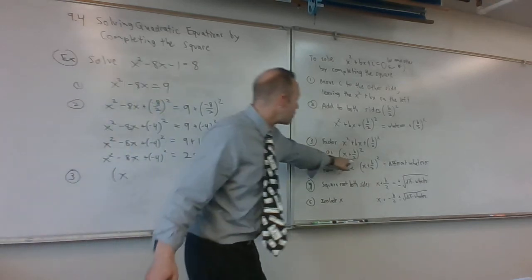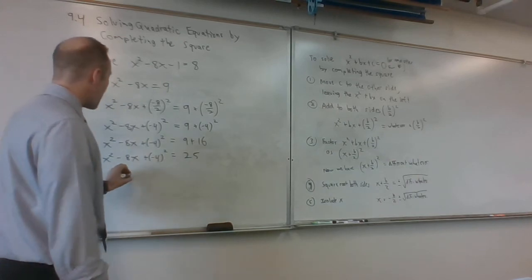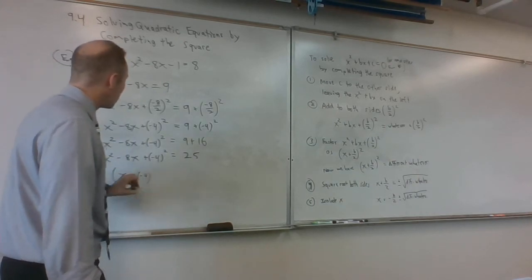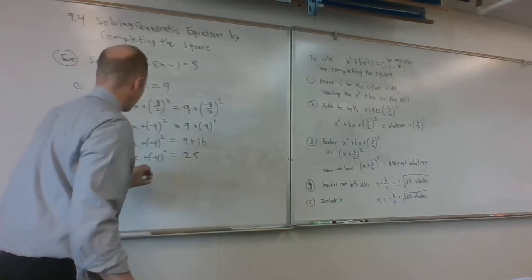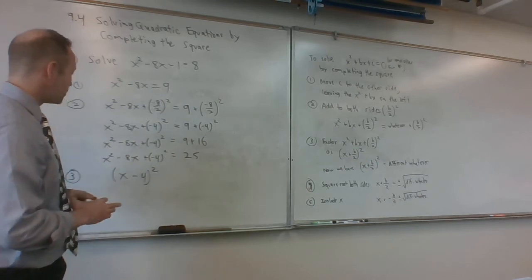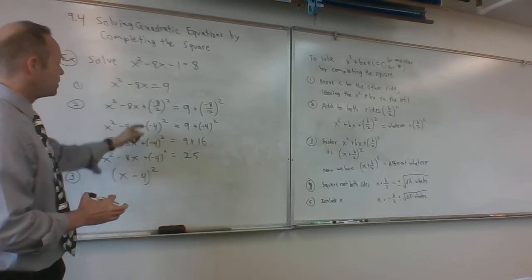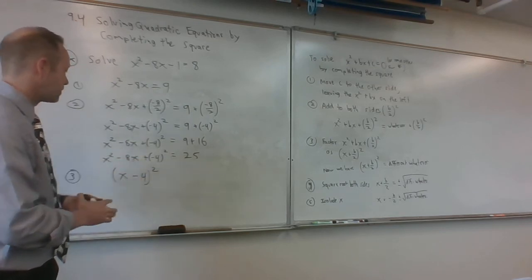So my b over 2 here is negative 4. So rather than writing plus negative 4, I'm just going to write this as x minus 4 squared. Right? That minus 4 is really a plus negative 8 over 2, or plus negative 4, squared.